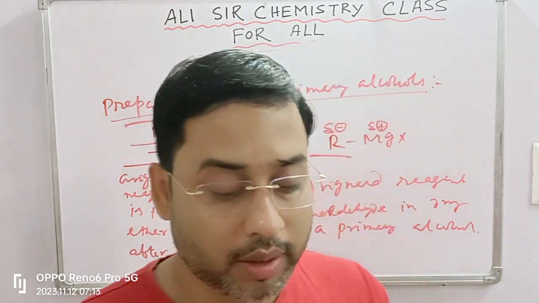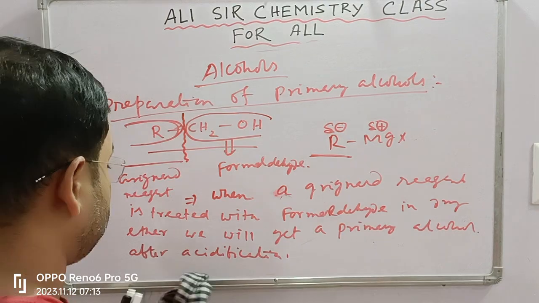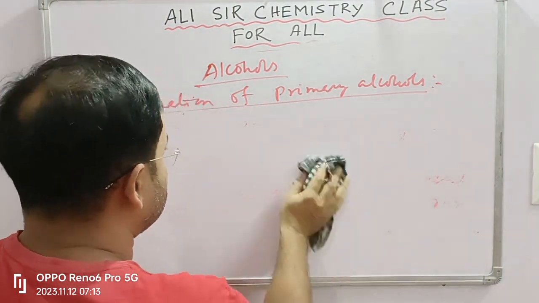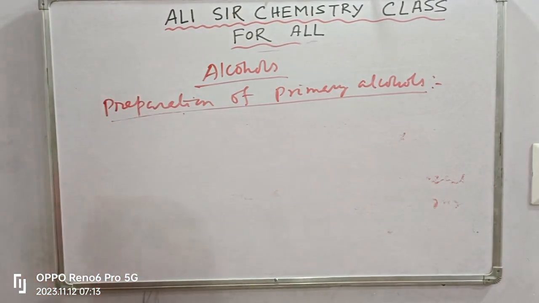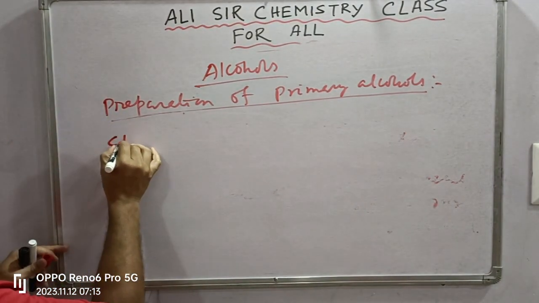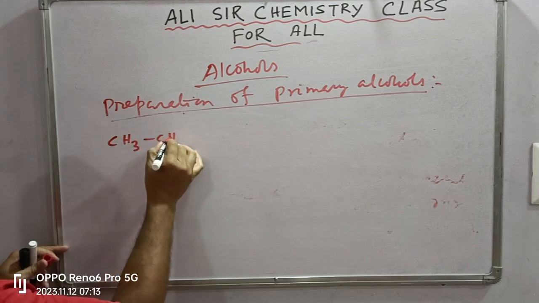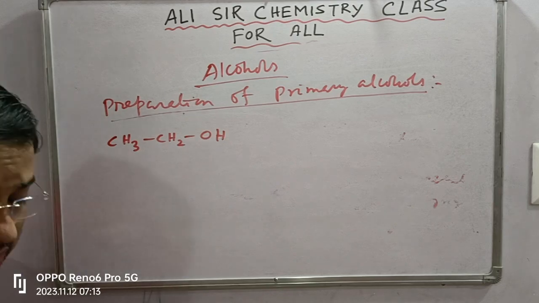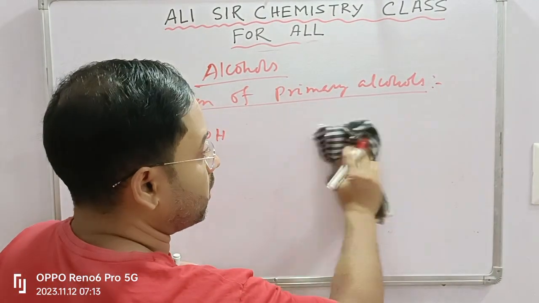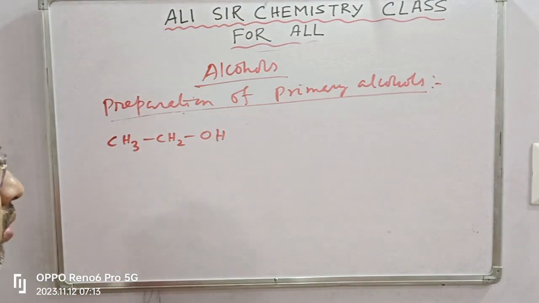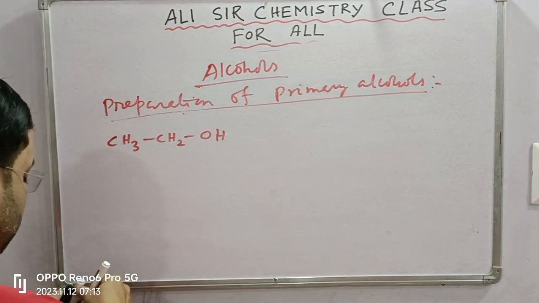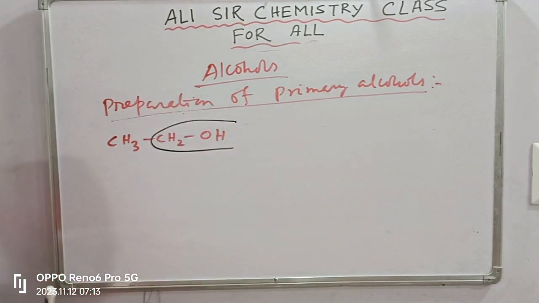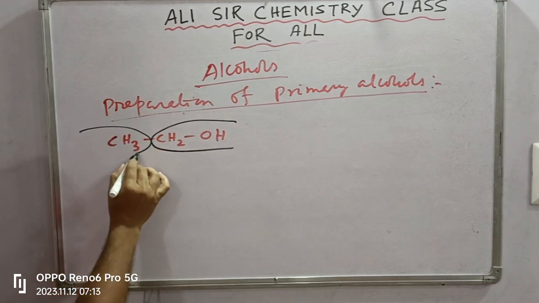I am going to take some examples. The simplest primary alcohol is ethanol. So I am starting from ethanol. This is the ethanol molecule. According to our concept, we have to use Grignard reagent and formaldehyde. So we cut the compound from here. This part is coming from formaldehyde, and this part is coming from the Grignard reagent.